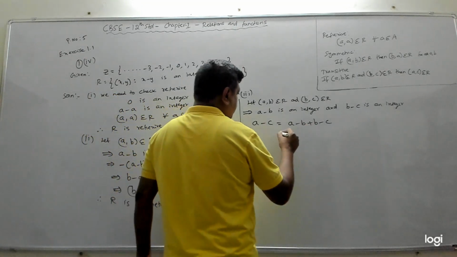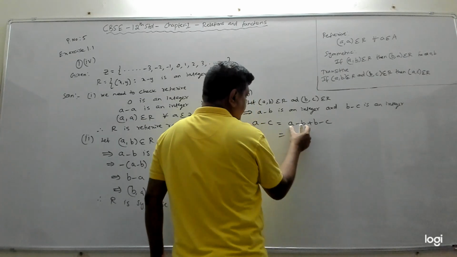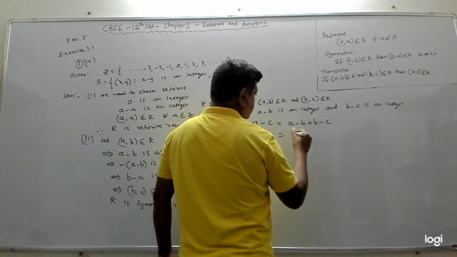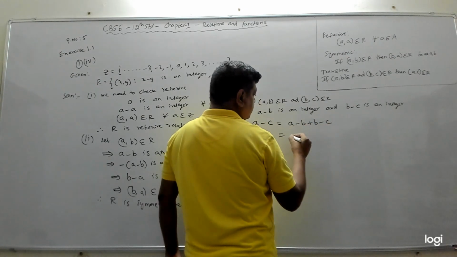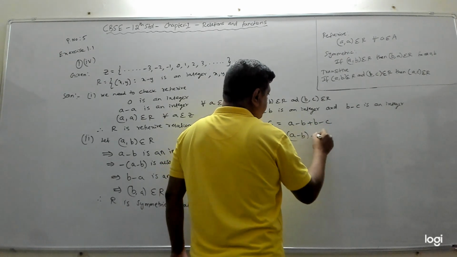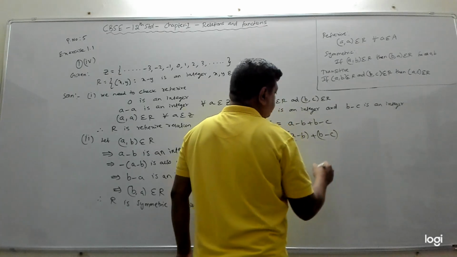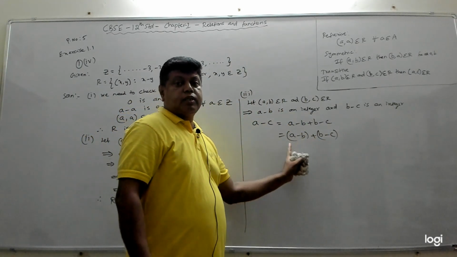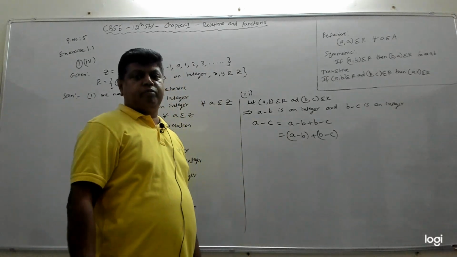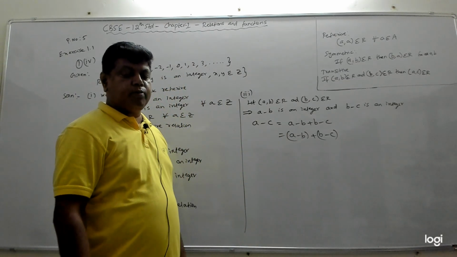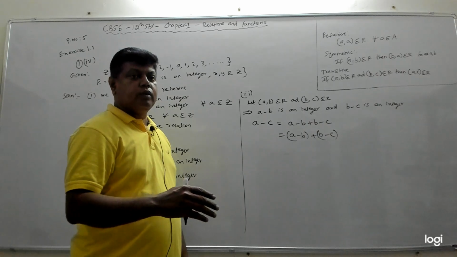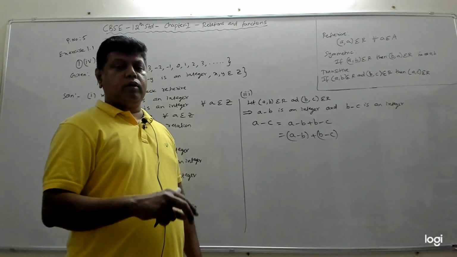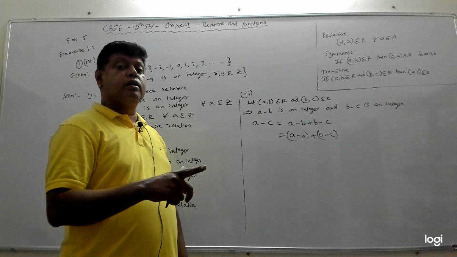Why are we doing this? Because a minus b is an integer, and b minus c is an integer, and the sum of two integers is also an integer, because integers are closed with respect to addition, which means the closure law is true for integers under the operation addition.